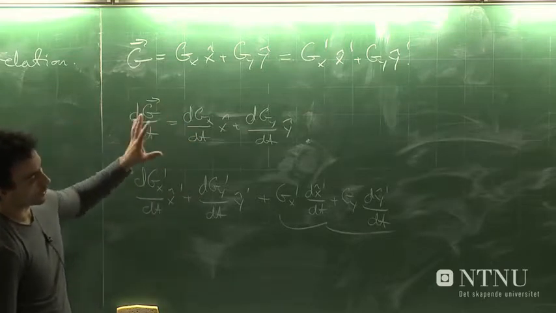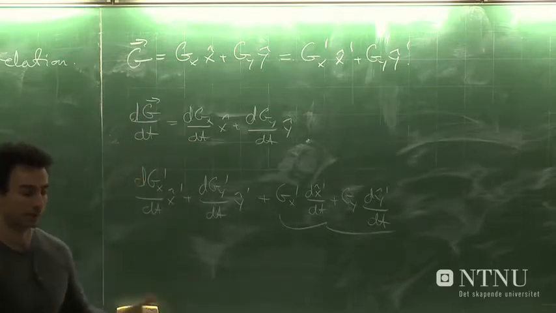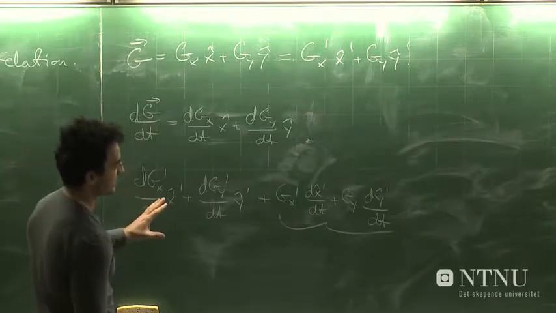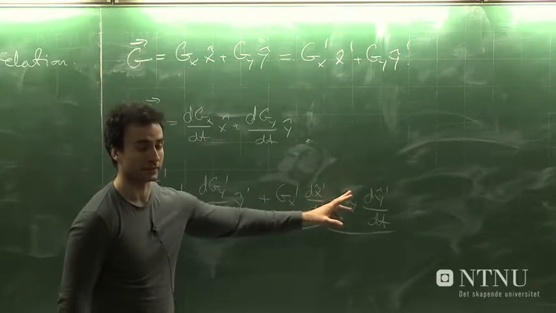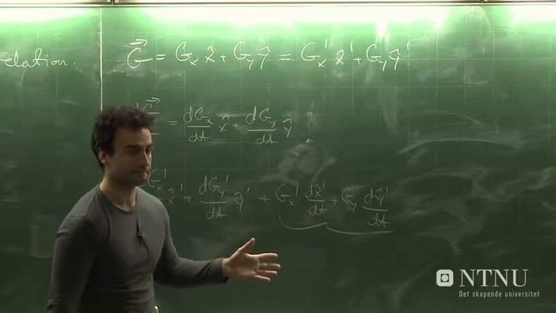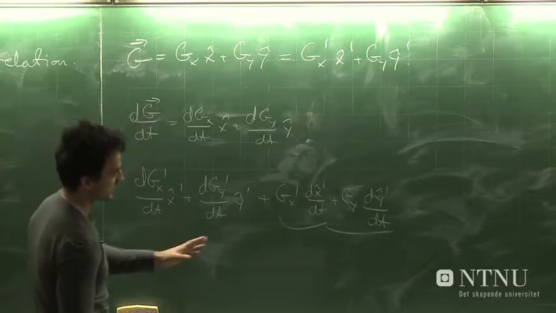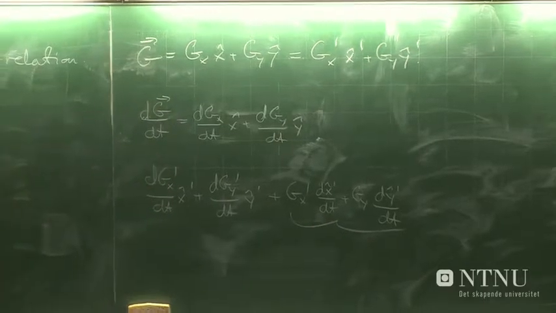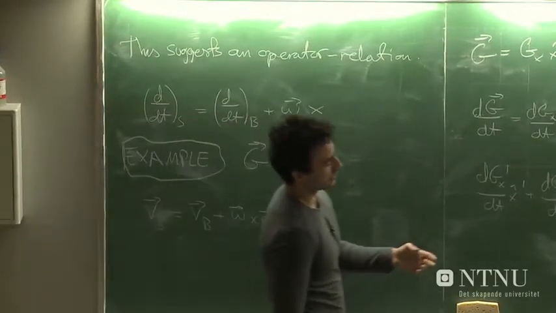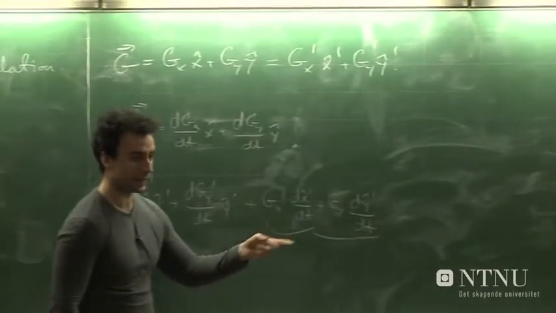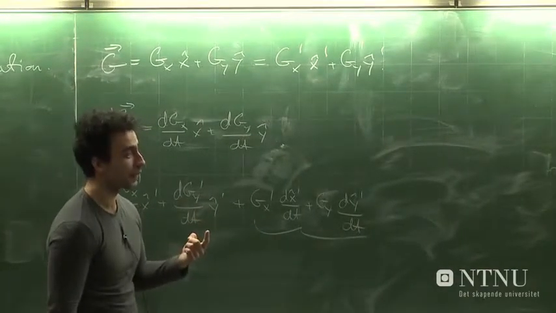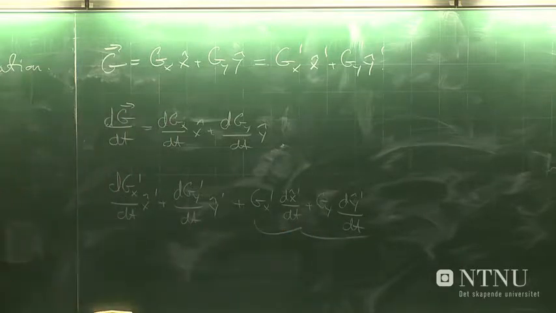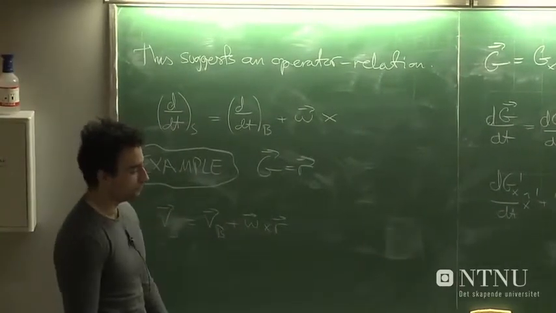So whereas we can always write a vector both in the fixed and the rotating system, we have to be careful about the differentiation because these unit vectors now are time dependent. So this sort of gives us an explanation of why we obtain this extra term here. Because you can show mathematically that if you have a rotation of this body system, then these unit vectors can be expressed like this.